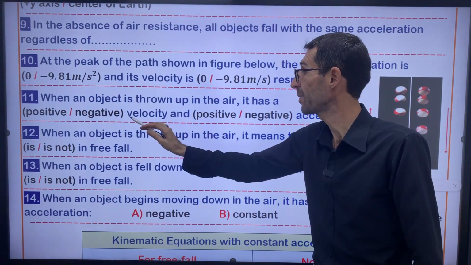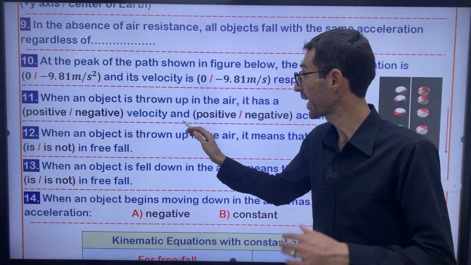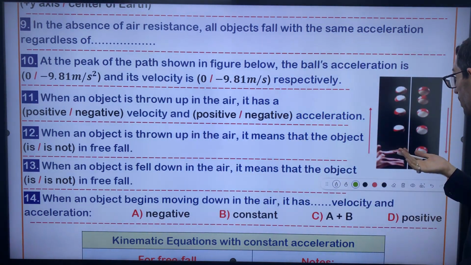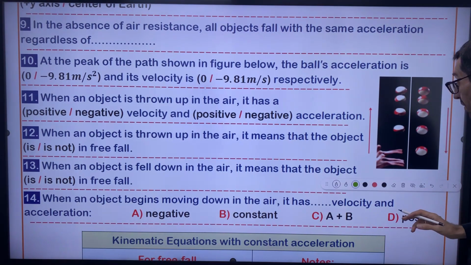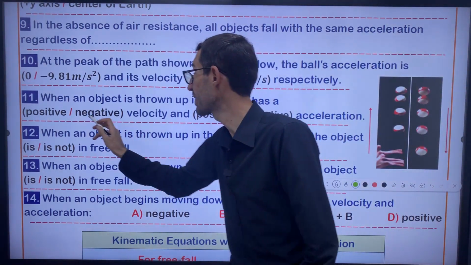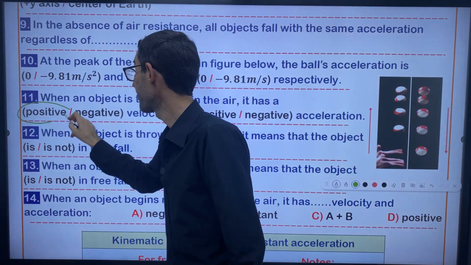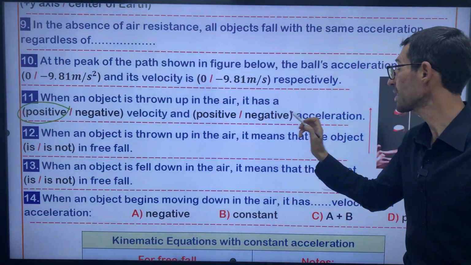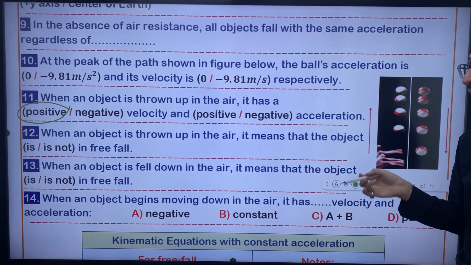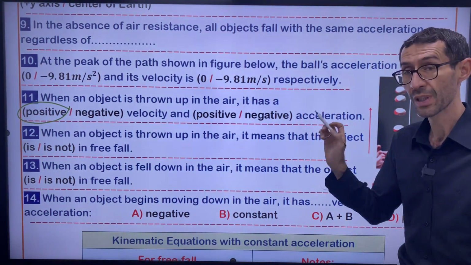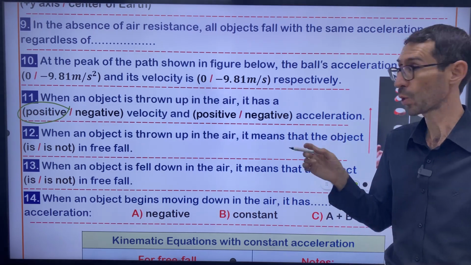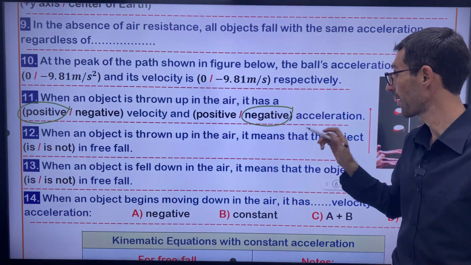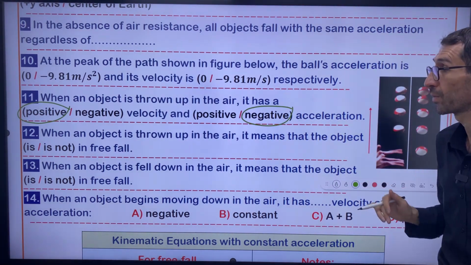Of course, I'm sure you know the answer. It has a positive velocity and negative acceleration. Keep in mind that acceleration due to gravity for any planet is always negative. It doesn't take a positive value.